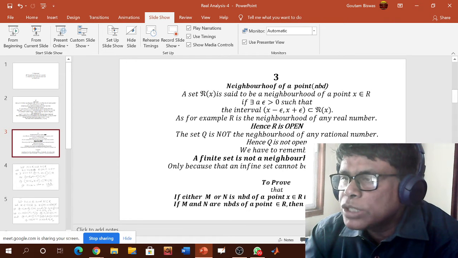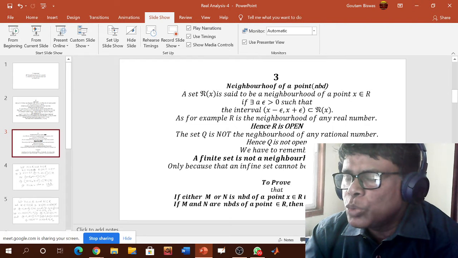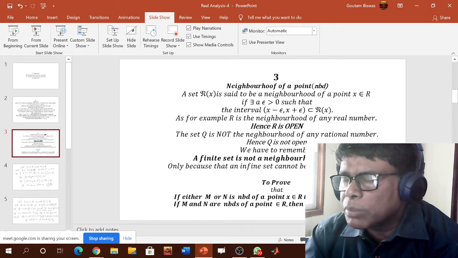The set Q is not the neighborhood of any rational number. Hence, Q is not open, because Q is the set of rational numbers, but there are irrational numbers between any two of them.